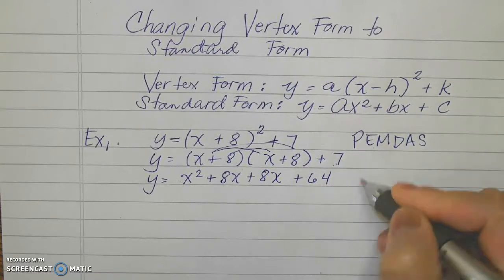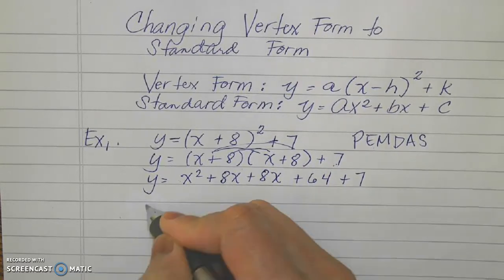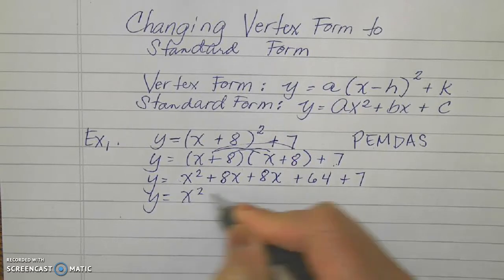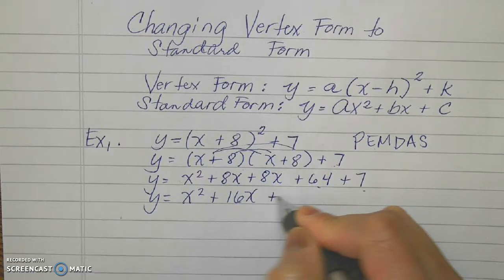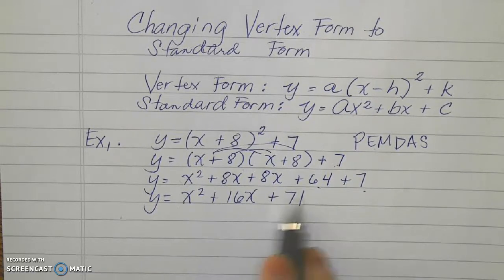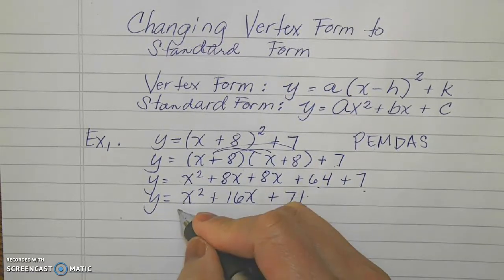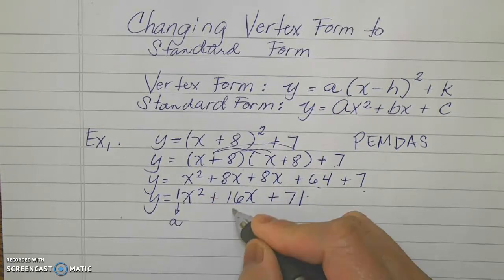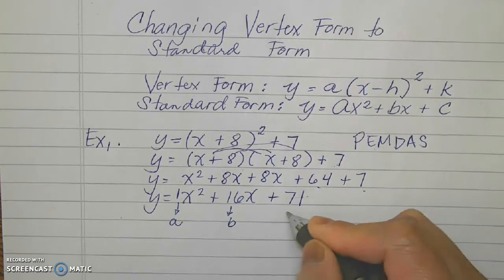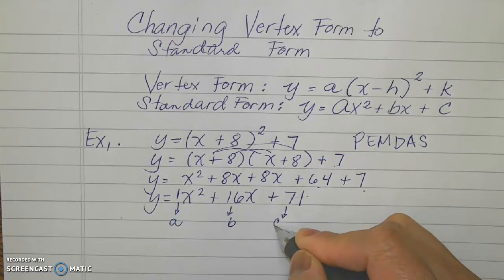We copy this down, plus 7. We combine like terms, and this is going to become positive 71. And so that now is your standard form, where your A is 1, your B is 16, and your C is positive 71.